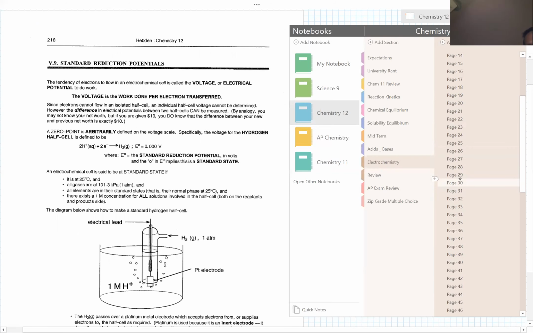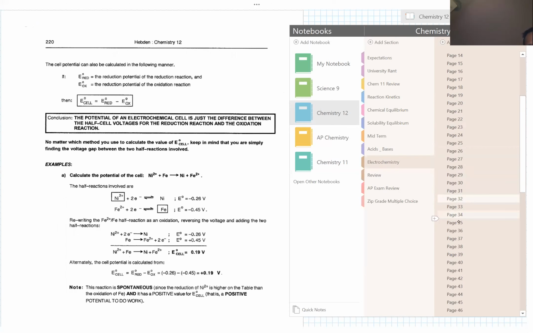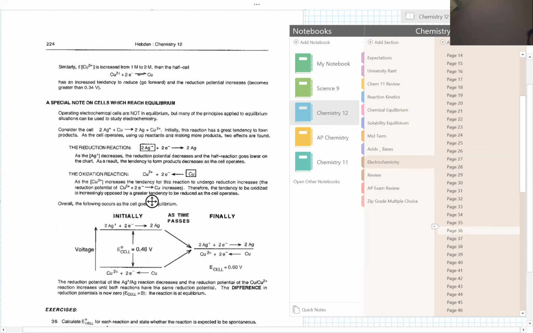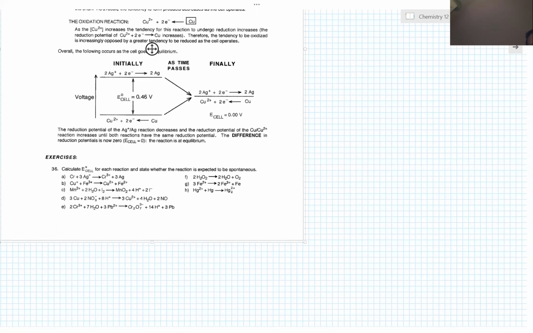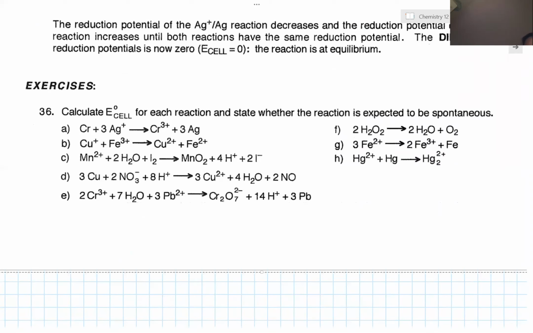Okay, so what I want to do is take a look at typical questions. If we have it here, this is what happens when you aren't prepared. So for each reaction, state whether the reaction is expected to be spontaneous or not. Let's look at 36b.